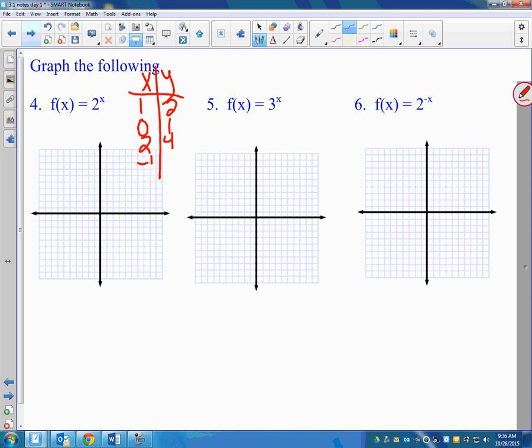What happens when I pick negative numbers? What happens when I get 2 to the negative 1? It gets fractions, right? Negative exponent means you move it down. So 2 to the negative 1 really means 1/2. 2 to the negative 2 means 1/4. 2 to the negative 50 means 1/2 to the 50.